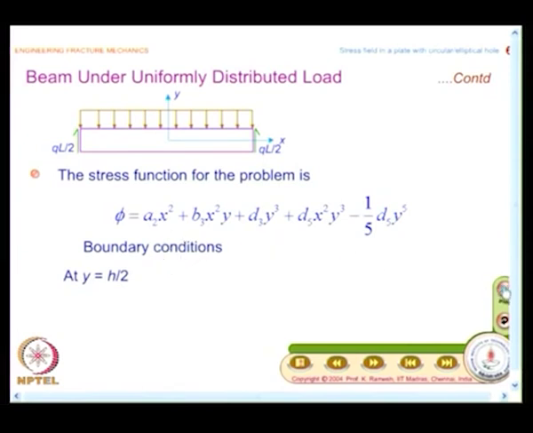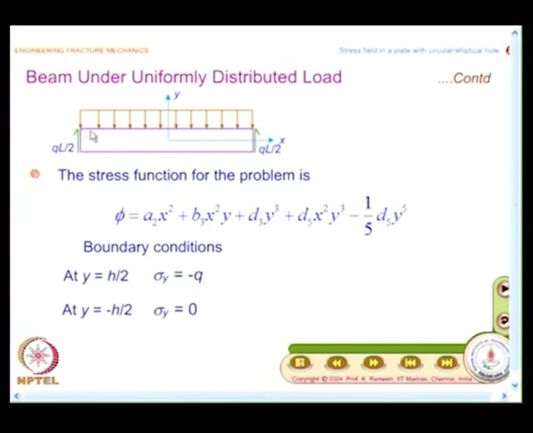And what are the boundary conditions? The origin is taken as the center of the beam. So, you have plus h by 2 and minus h by 2. At h by 2, you have the distributed load, and we are considering a unit thickness. So, sigma y itself becomes minus q.